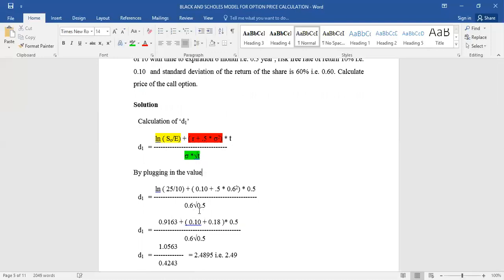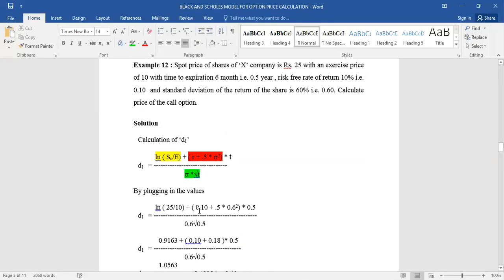We have been given the spot price. The spot price of share X is 25 and the exercise price is 10. So 25 divided by 10, plus the risk-free rate, which was 10%, plus 0.5 as it is the fixed value in the formula, multiplied by sigma raised to the power of 2, times T. Now if you solve this, 25 divided by 10 you get 2.5.